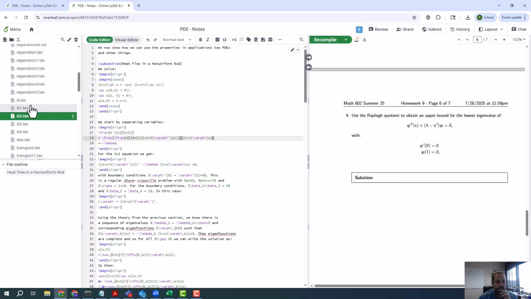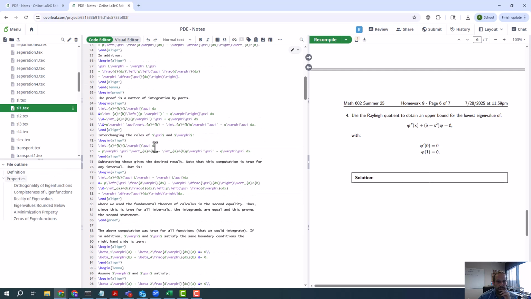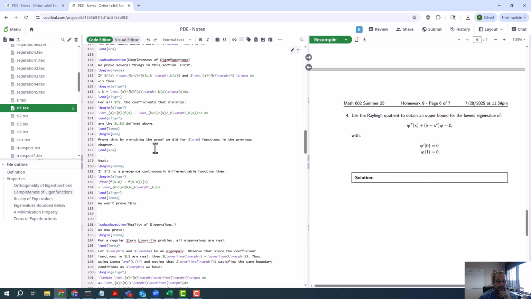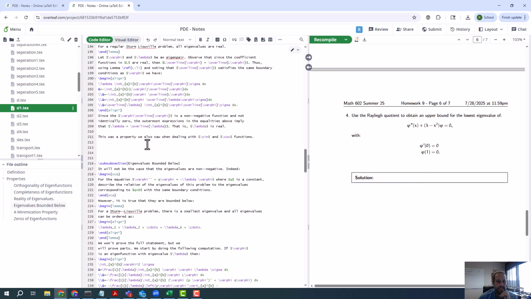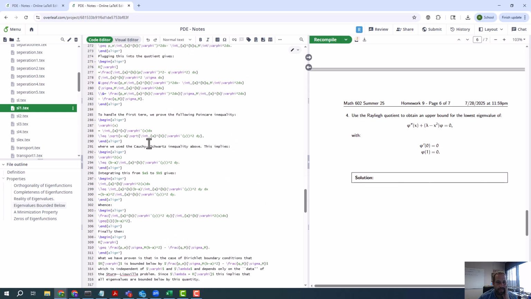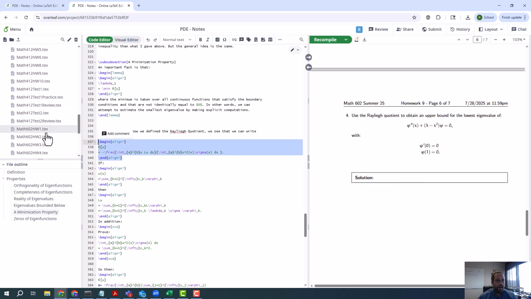Where did I put it? Oh, it's going to be back on Sturm Liouville 1, isn't it? I thought this would be easier and less boring than watching me type it, but now I can't find it. I think this is going to be it. Let's go back down to the homework.